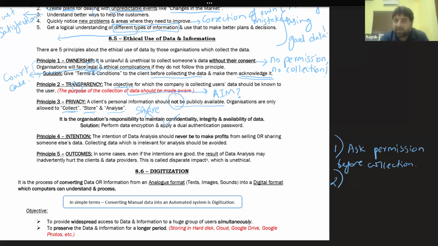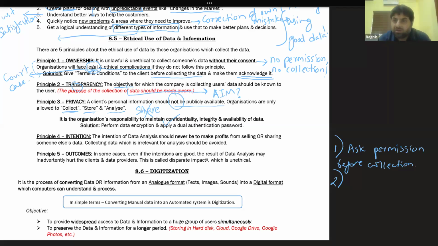And collecting data which is not at all necessary should be avoided. For example, now we are collecting the information of the students while they are joining the institute. Okay, so name is necessary, phone number for contacting is necessary, address of the house is necessary because if any emergency happens, we should know where to contact, and the phone number of your parents is necessary.